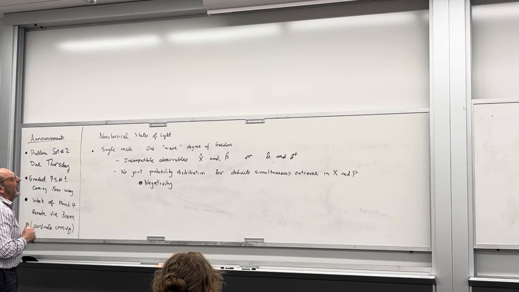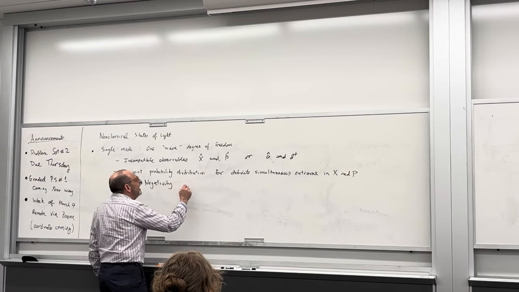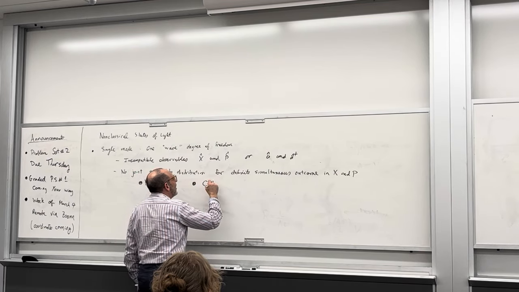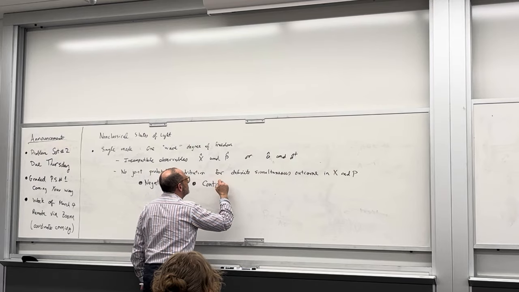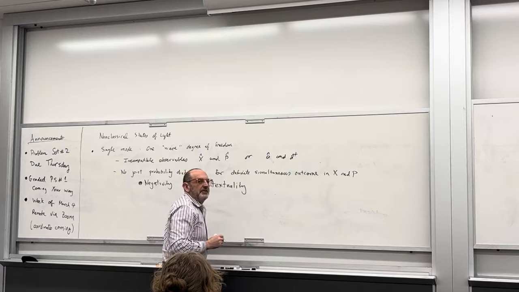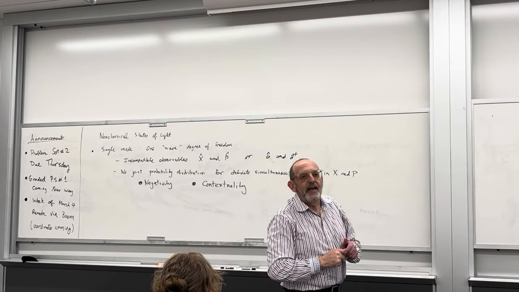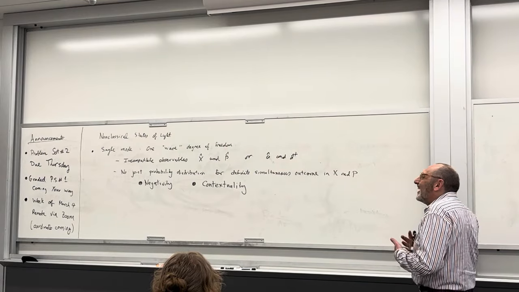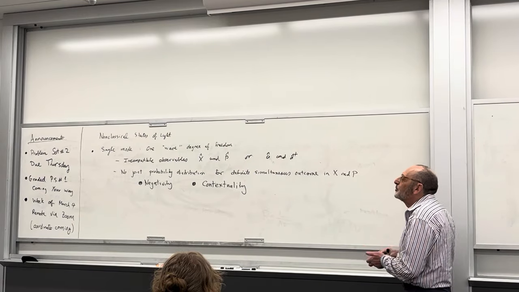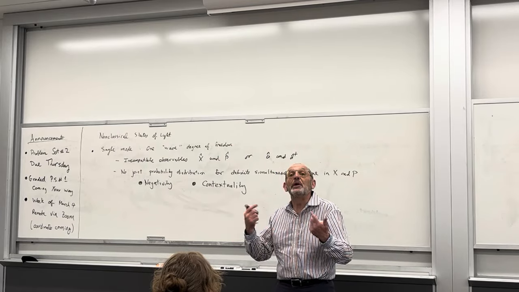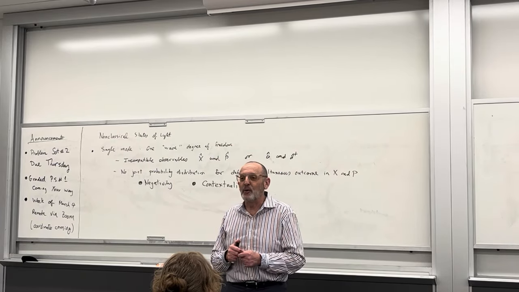And there's an intimately related aspect of this, which we won't talk about here, but I'll just mention, which is sometimes known as contextuality. That is to say, the measurement outcomes we get depend on the context of other measurements we could do at the same time or not.